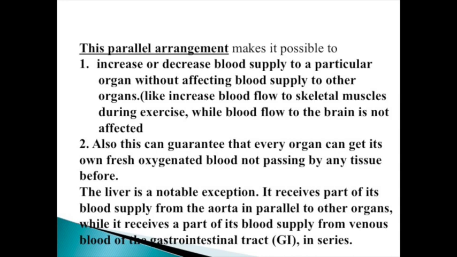It receives part of its blood supply from the aorta in parallel to other organs. Okay, that's right. While it receives a part of its blood supply from the venous blood of the gastrointestinal tract in series. This means that the blood coming from your intestine will pass through the liver first.